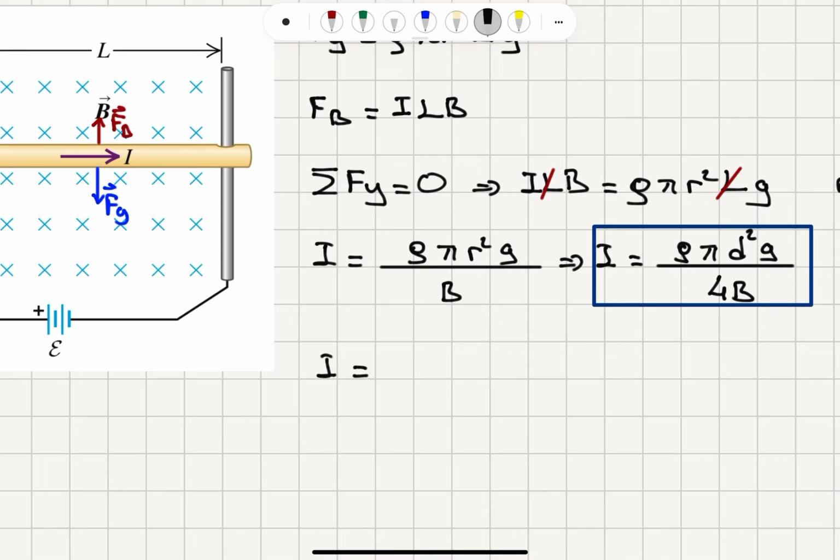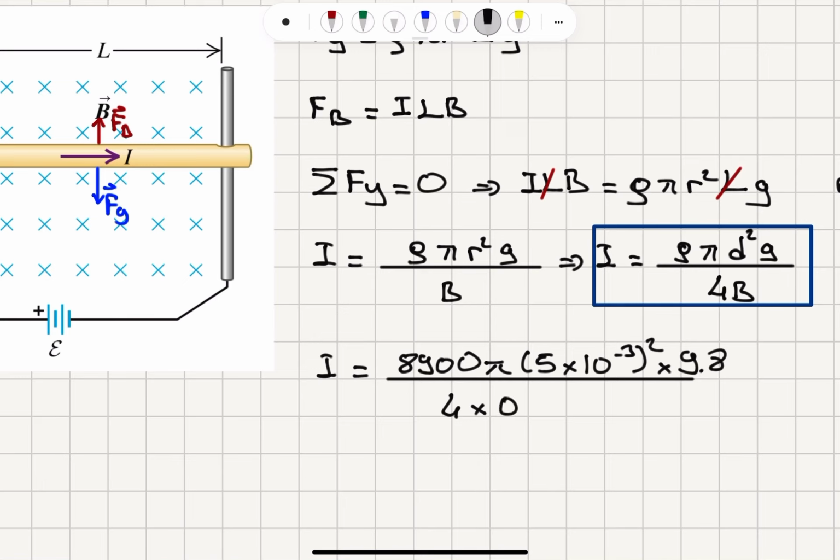The current I would need is the density 8,900 kilograms per meter cubed, pi, diameter was 5 millimeters, 5 times 10 to the minus 3 meters squared, multiplied by gravitational acceleration 9.8, divided by 4 times 0.5 times 10 to the minus 4 Tesla multiplied with cosine 45, which is square root 2 over 2. So that's our magnetic field.